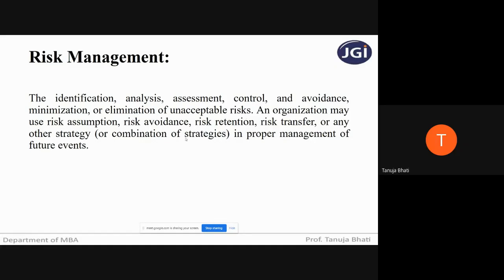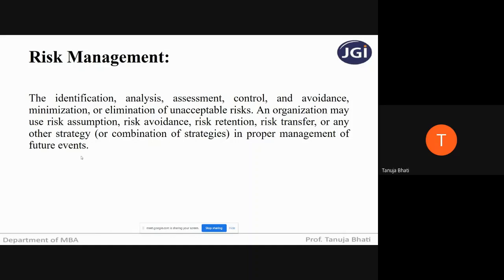So an organization may use risk assumption, risk avoidance, risk retention, risk transfer, or any other strategy in proper management of future events. The different strategies available to any company or business unit: it can assume the risk, or it can avoid the risk by not entering into such financial instruments, or it can retain the risk.